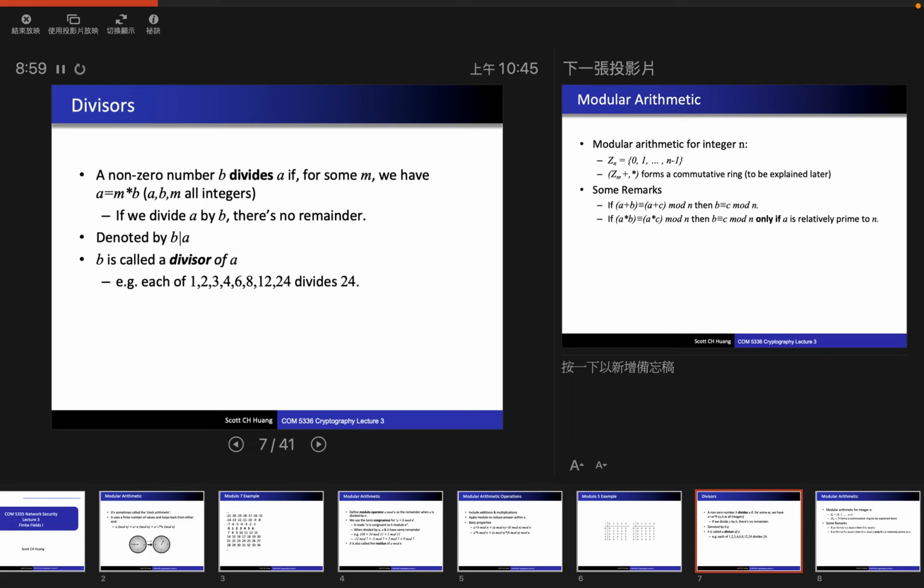Actually, English and Chinese are pretty similar in this case. We say B divides A, right?